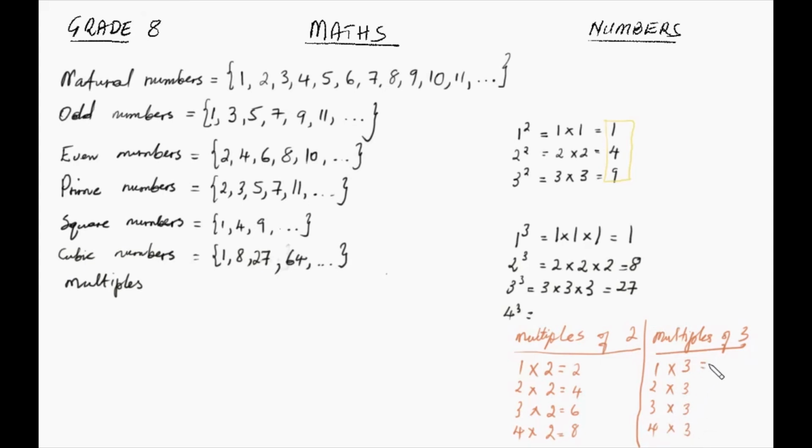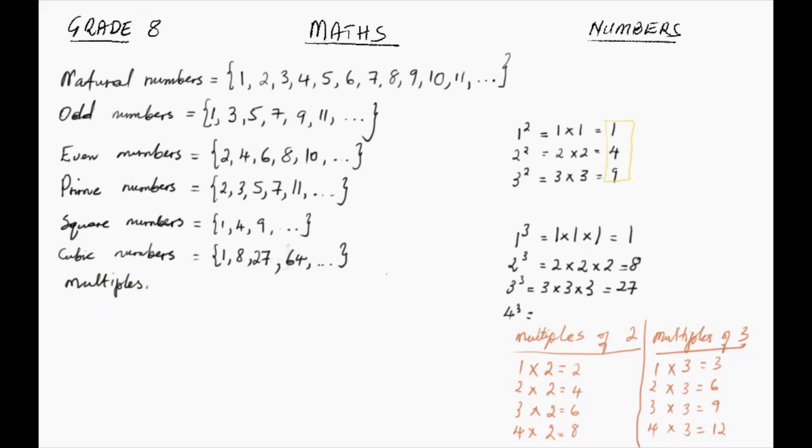What do we get here? 1 times 3 is 3. Okay. 2 times 3 is 6. All right. 3 times 3 is what? 9. All right. 4 times 3 is what? 12. So these are the multiples of 3.